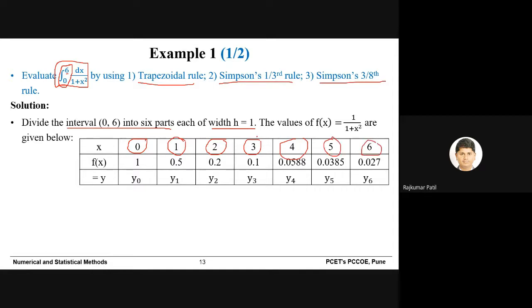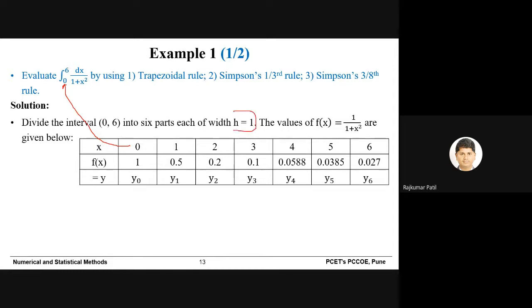So when you take h equal to 1, you will get integer values, that is 0, 1, 2, 3, 4, 5 and 6. So this will simplify your number of calculations. You need to understand that, based on the given lower limit and upper limit, you choose the value of h so that it simplifies your calculations.